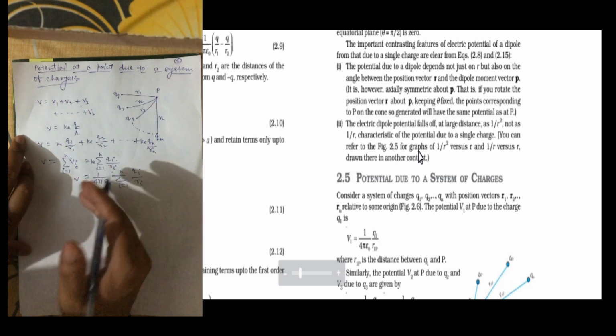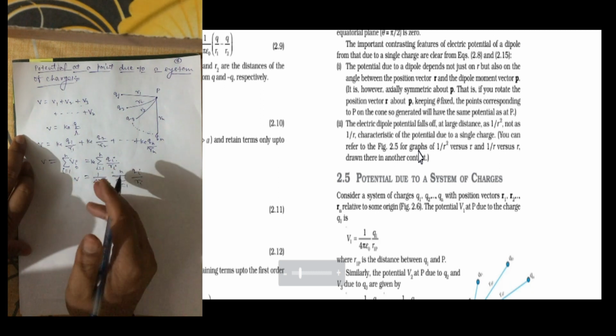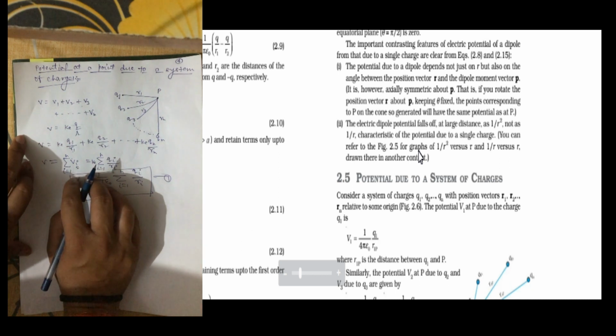Hence a simple algebraic addition given by equation 1 is possible. So the potential at a point due to a system of charges V is equal to 1 upon 4 pi epsilon naught, sigma i is equal to 1 to n, Qi upon Ri.